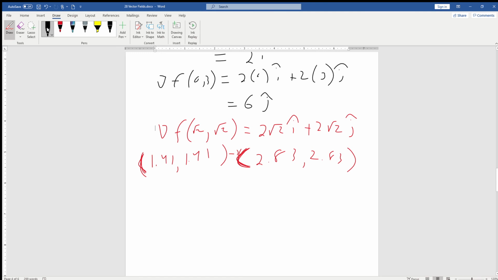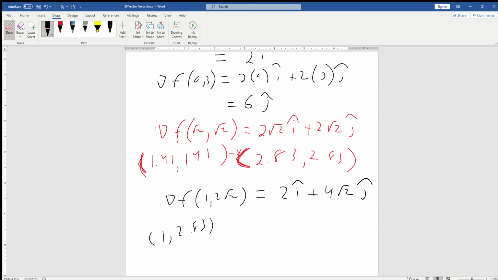All right. And then finally, the last vector that we have is (1, 2 roots of 2). So del f at (1, 2 roots of 2) is going to be pretty easy. That's just going to be 2i plus 4 roots of 2j. And we already know what 2 roots of 2 is, so the point that we're going to is (1, 2.83).